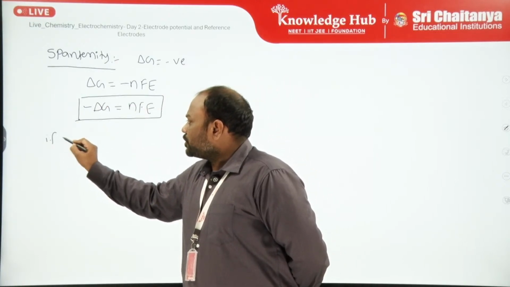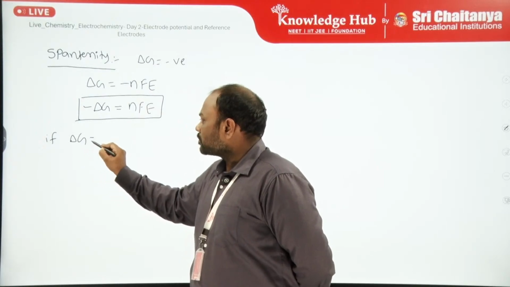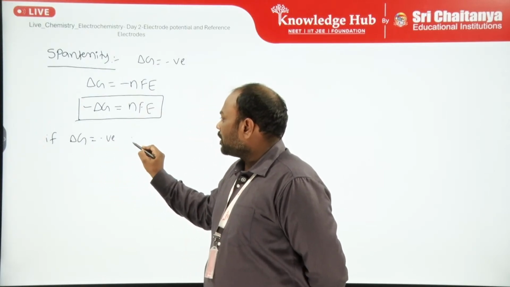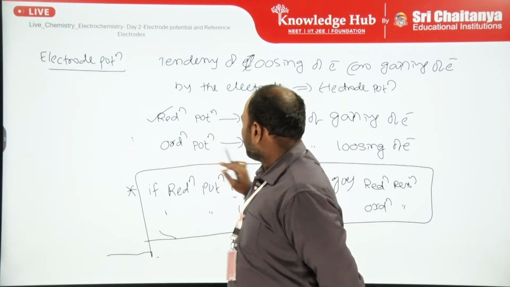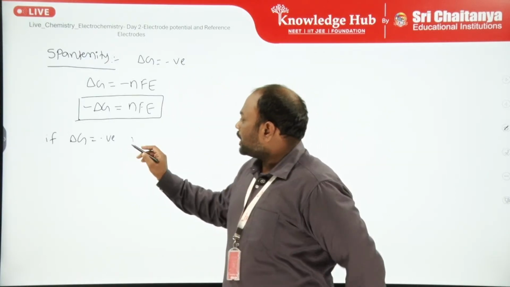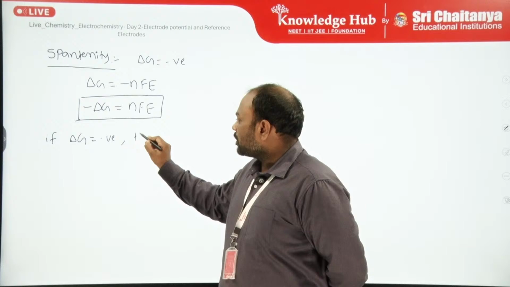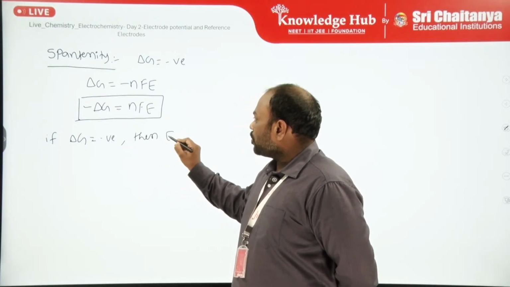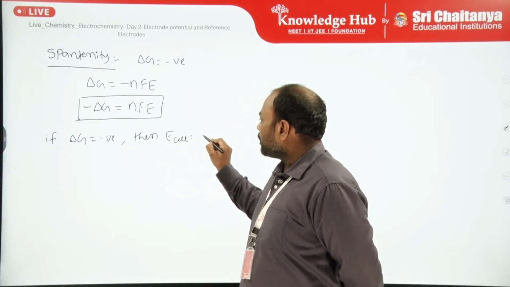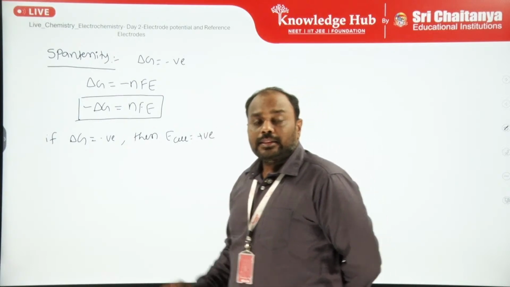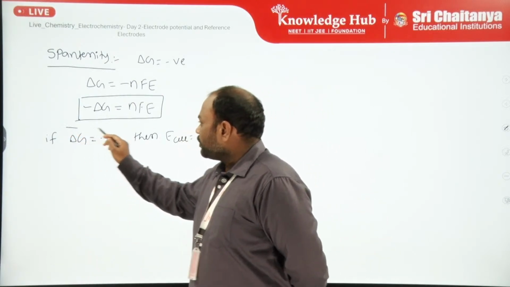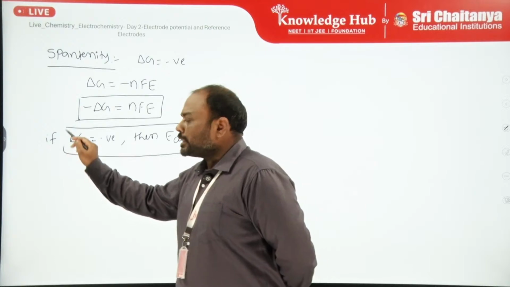If delta G is negative, then the electrode potential of the cell becomes positive.